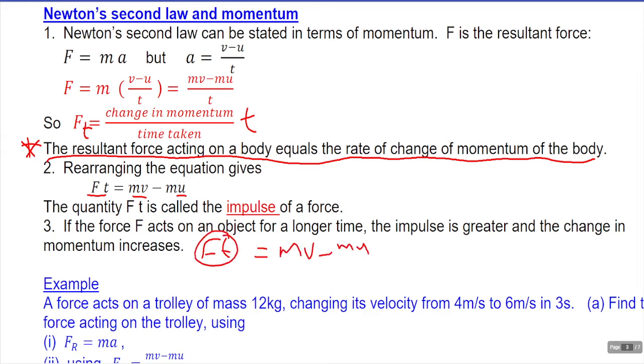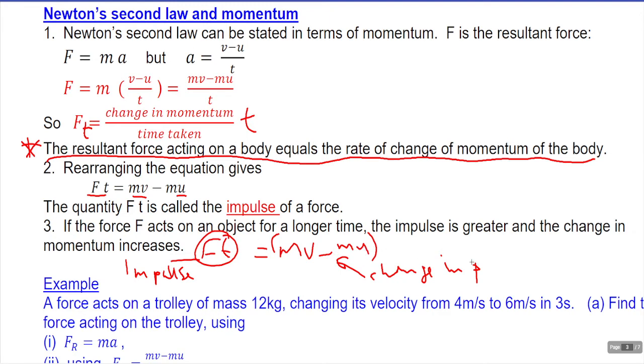So on the left hand side, we have the impulse, and then on the right hand side, we have the change in momentum. So remember, impulse is the product of force and time, which is numerically equal to the change in momentum P.